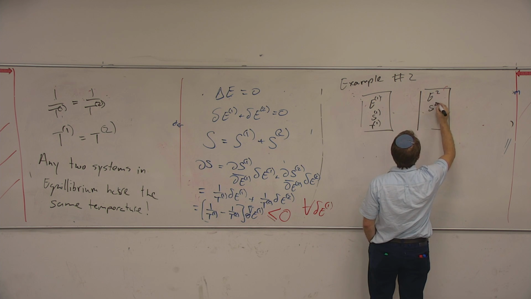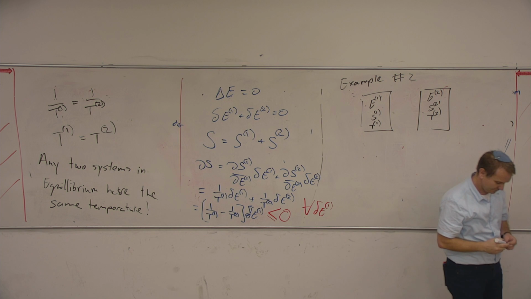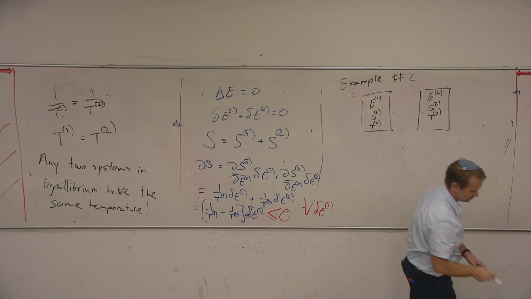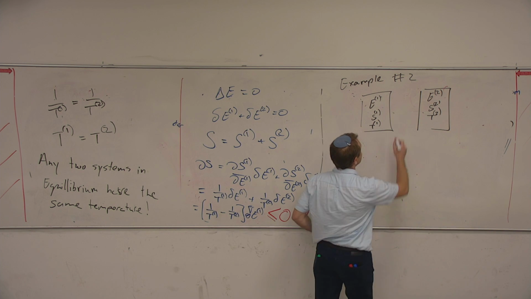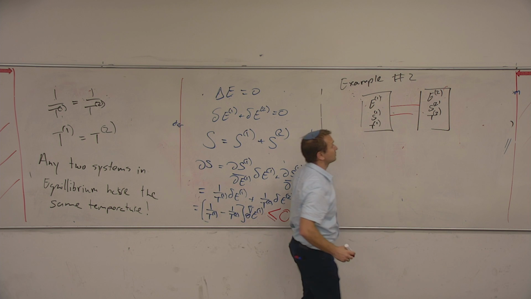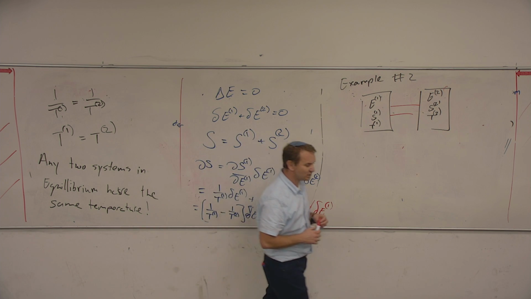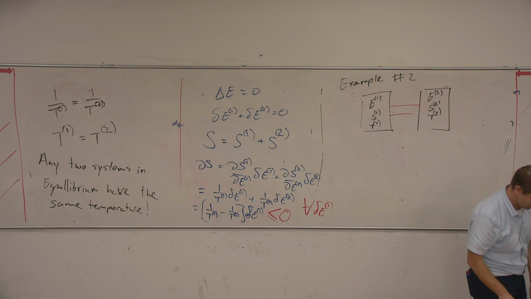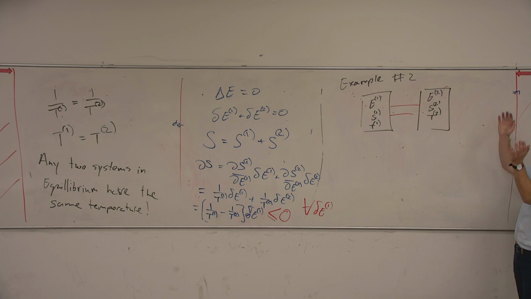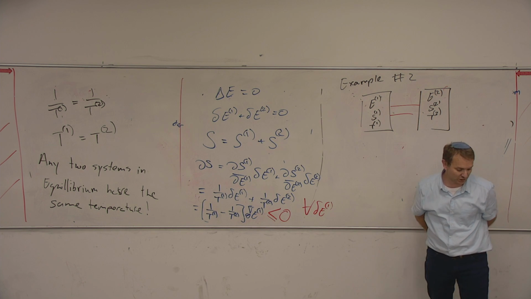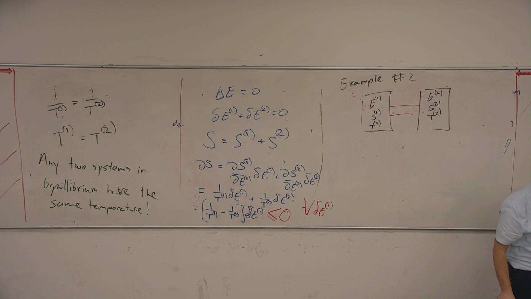E2, S2, T2. Now, they were not in equilibrium. Those two systems were not in equilibrium. Each of them had some specific temperature or energy, etc.